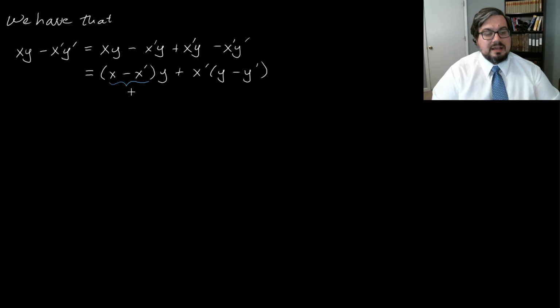Now, we know that x minus x prime belongs to S, and y minus y prime belongs to S. And furthermore, we know S is an ideal.